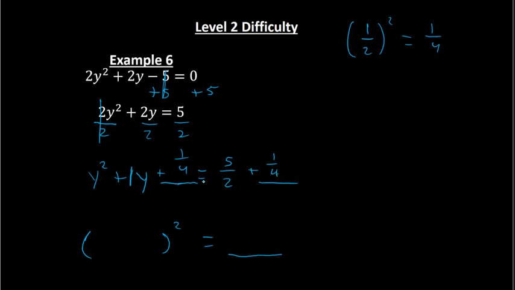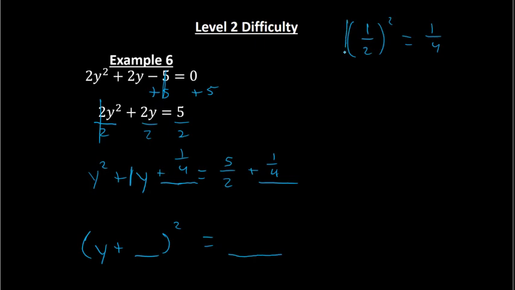And now I can factor this left side. This one's not as obvious because now we have a fraction right here. I mentioned in a previous example that a quick way to figure out what goes here is look to see what we had to square to get the 1/4.